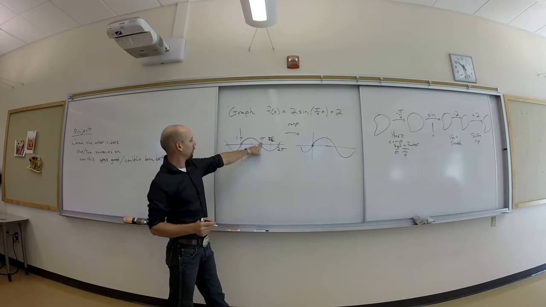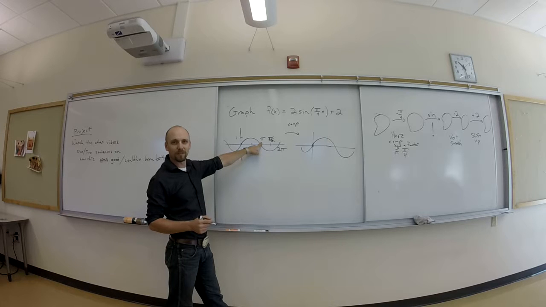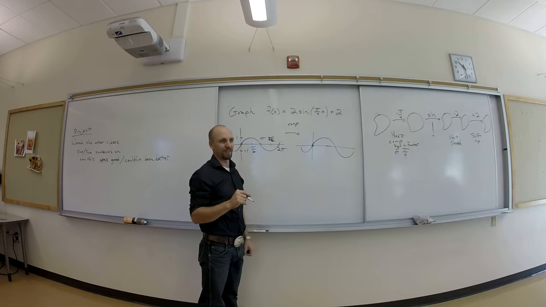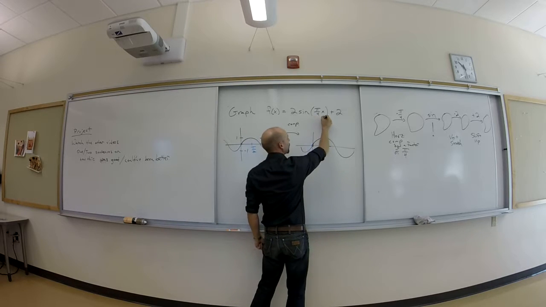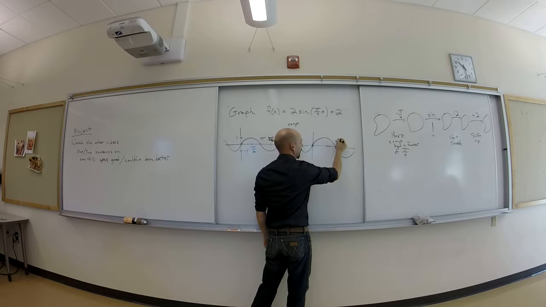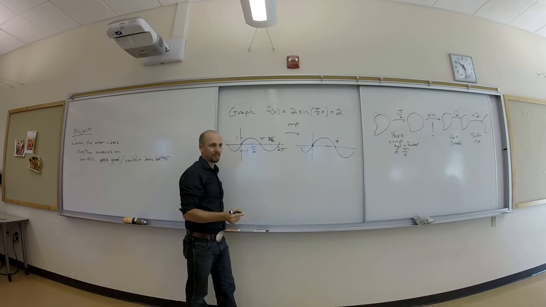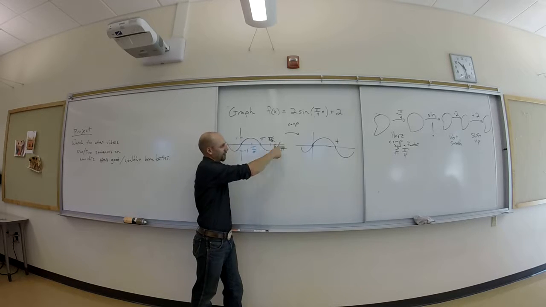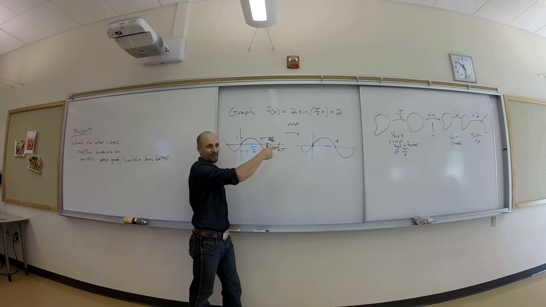Let's see, so this was going to happen when I put pi into the sine function, right? So what do I put into that to get pi out? Like what goes in here to get pi out? 4. You guys see that? That's me taking these labels and dividing by pi over 4.